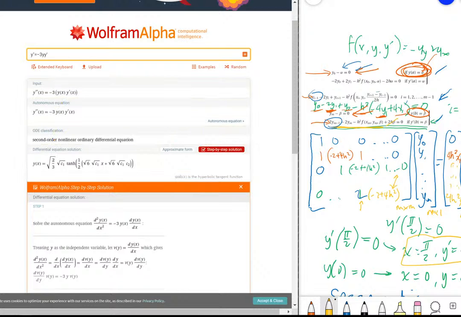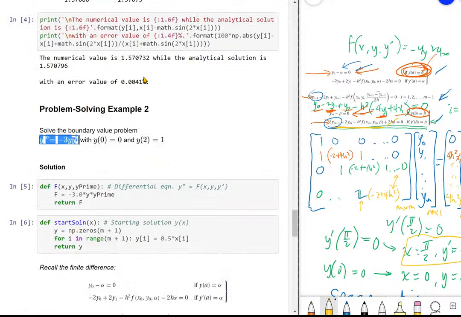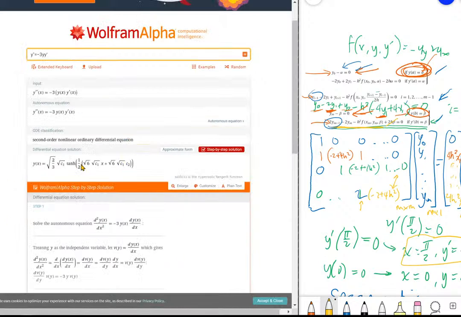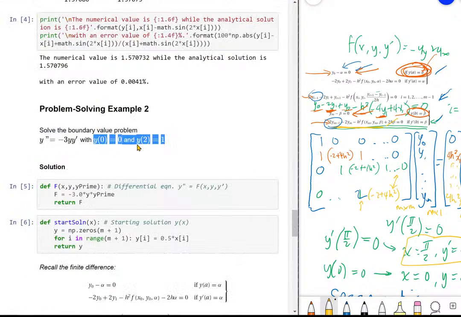In this example, we are given a boundary. So what if it's unbounded? The solution here is unbounded, because at any x you can solve for the value of your y. But our solution here is only limited within the boundary of 2.